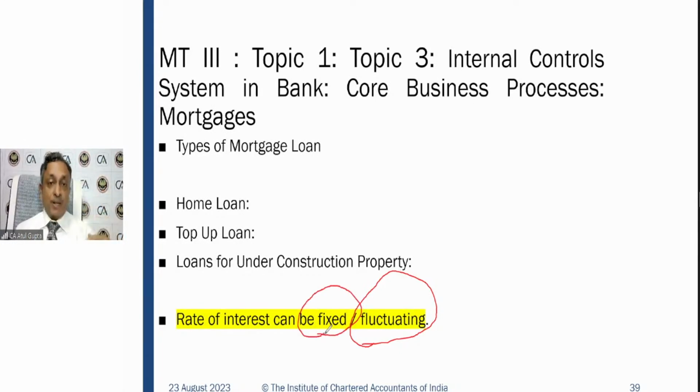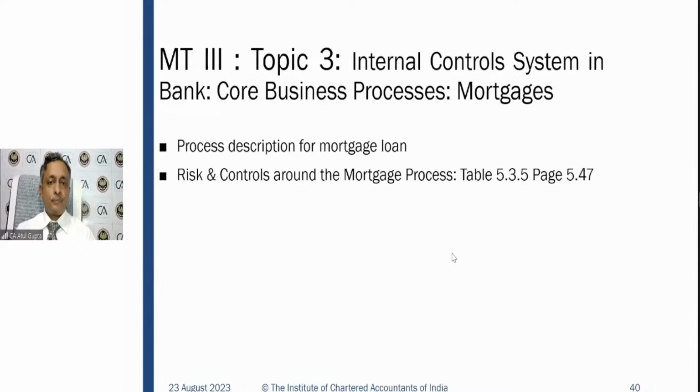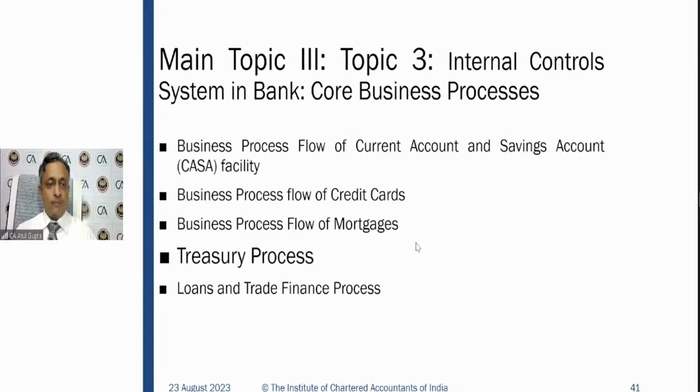So as a borrower from the bank, over the tenor of the loan, I'll only pay a specified rate of interest. The banker's cost of borrowing may increase or decrease; it is not going to affect me as a borrower. So that is fixed and fluctuating rate. You must have read these words in your bank audit also. Then process description for mortgage loan and the risk and controls.